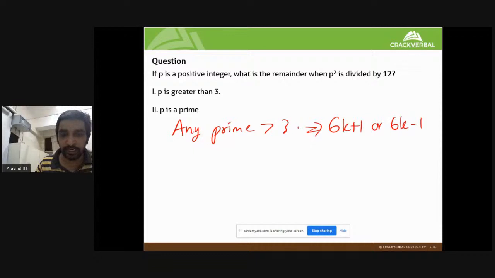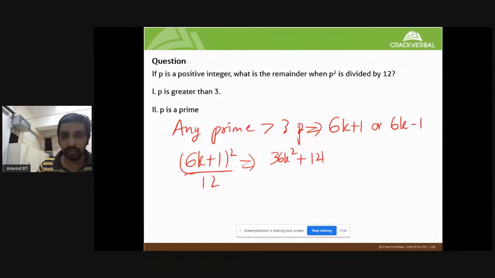So you're essentially telling P is 6k plus 1 or 6k minus 1. Square this. So you have 6k plus 1 the whole square divided by 12. What happens here? We have 36k square plus 12k (2ab) plus 1 divided by 12.